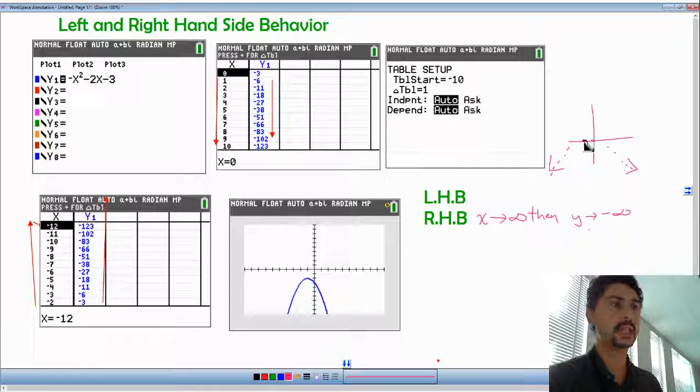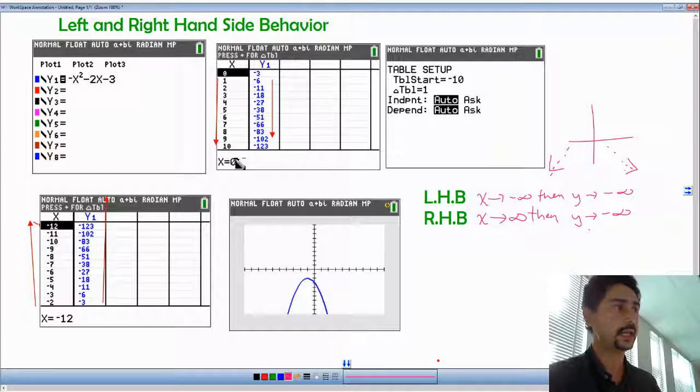We call this left-hand side behavior because it's on the left-hand side of the picture, and that means that as x goes to negative infinity, then y goes to negative infinity.